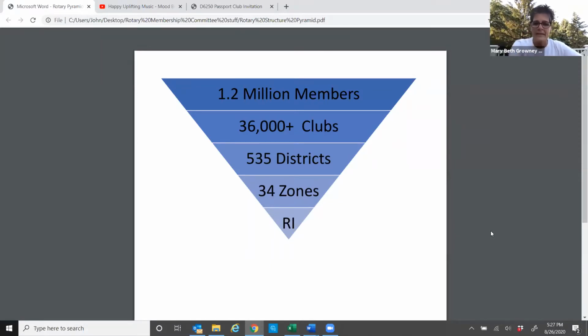And at the base of our pyramid is our structural organization, our extraordinary staff, of whom there are approximately 800 globally. So when you look at the top, with all of us, 1.2 million, we know that it takes a pretty incredible structure and base to hold us all together.